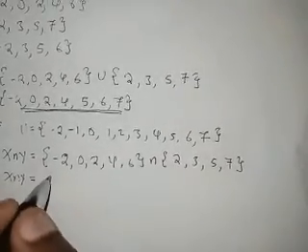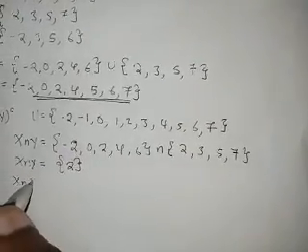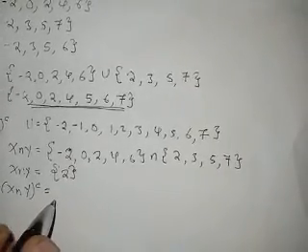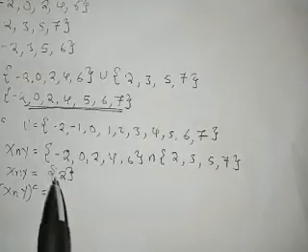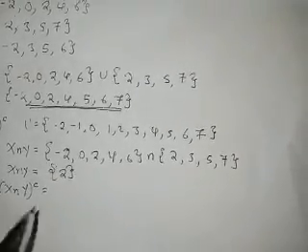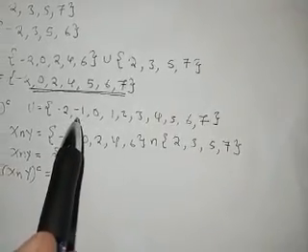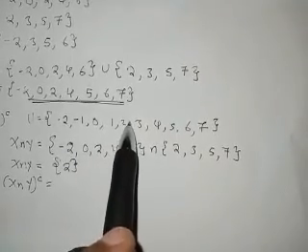to 2. Now they said x intersection y complement. Now what is not found, what is in the universal set excluding what is found in x intersection y? So meaning we will get the universal set and remove x intersection y.